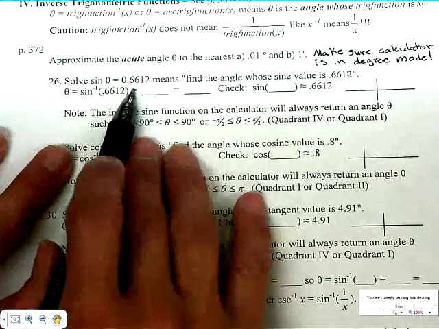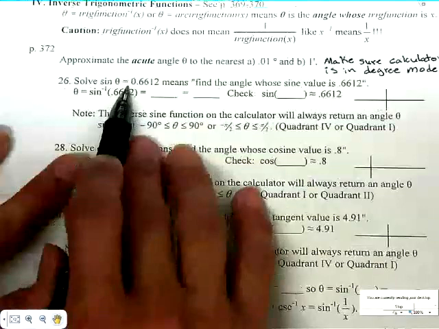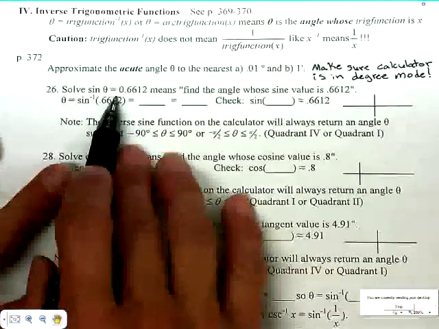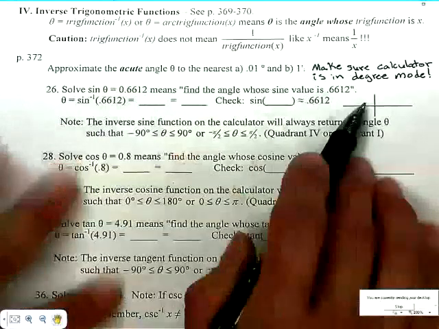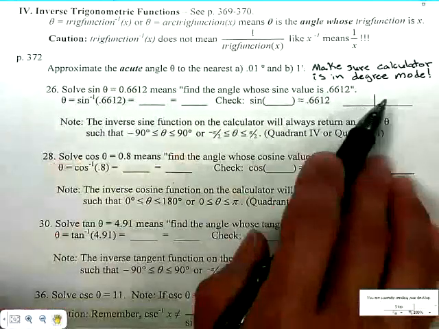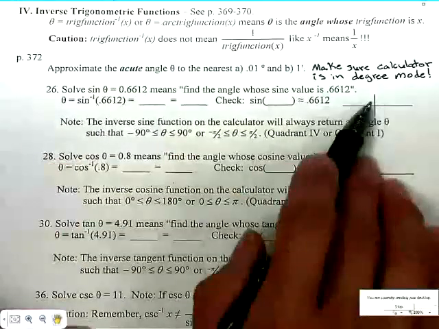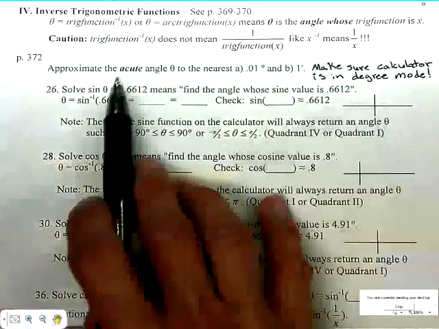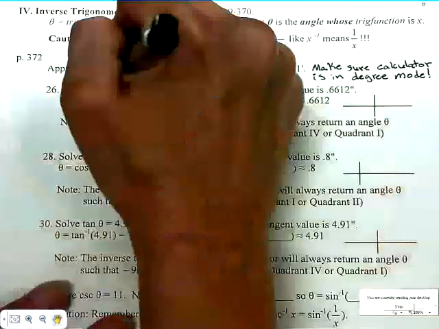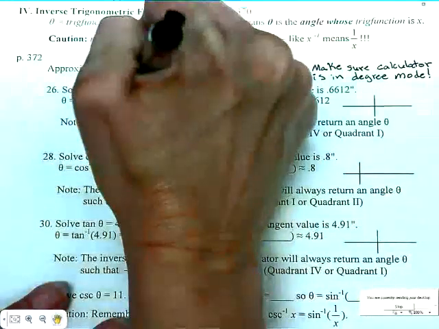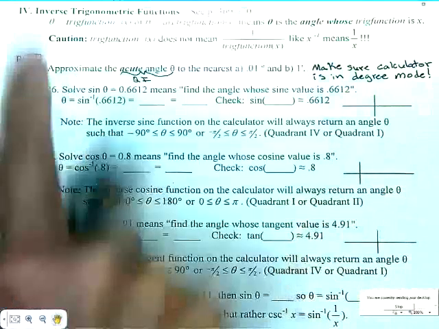So in what two quadrants would sine have a positive value? Sine is the y, and the y is positive in 1 and 2. But these directions say approximate the acute angle. That means for these problems, I only have to give the first quadrant angle, whose sine is 0.6612.